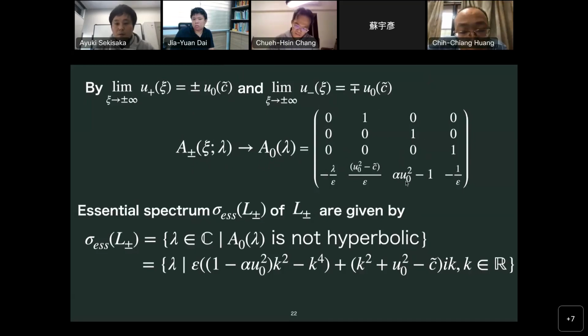This matrix depends on lambda and alpha. We fix a sufficiently small parameter epsilon, and C tilde is fixed.